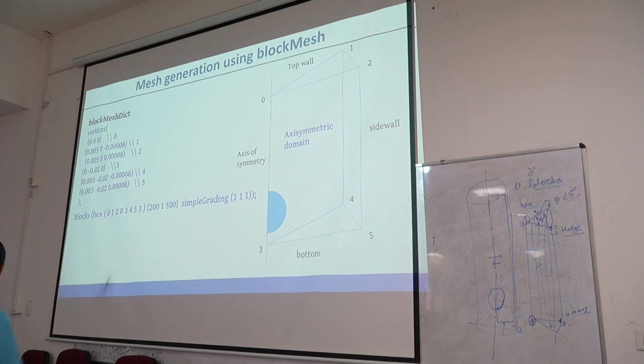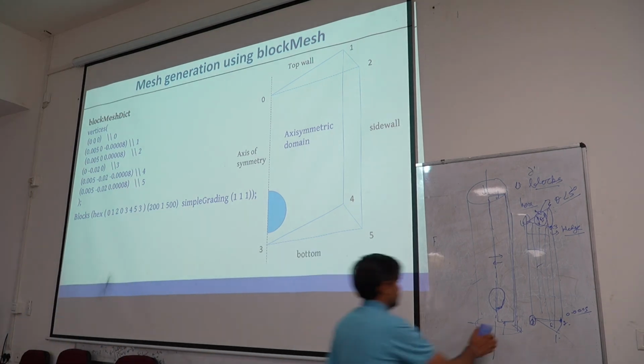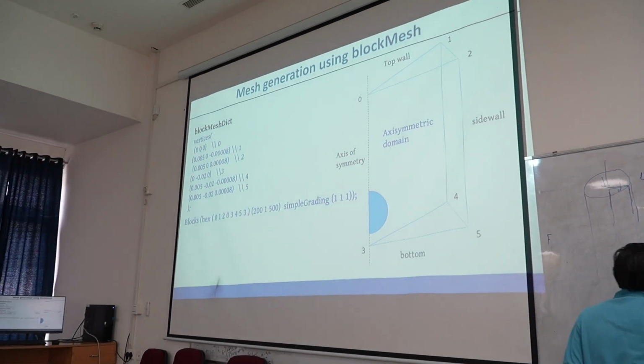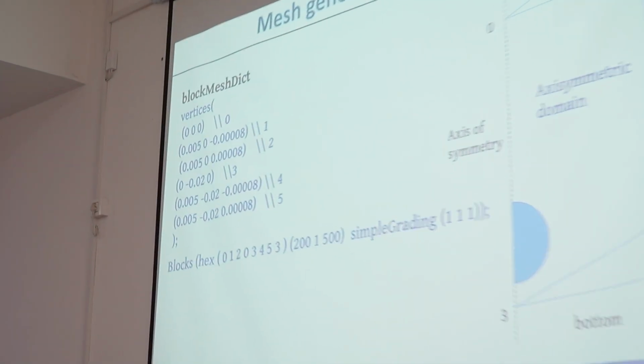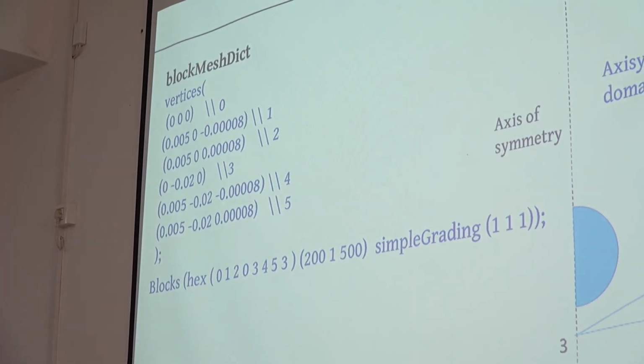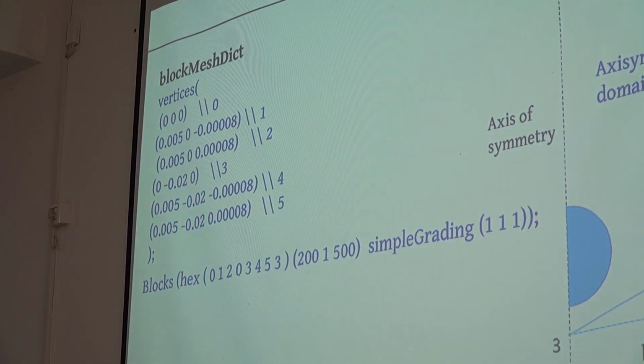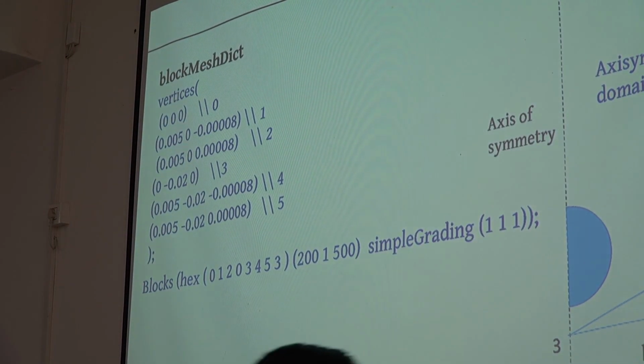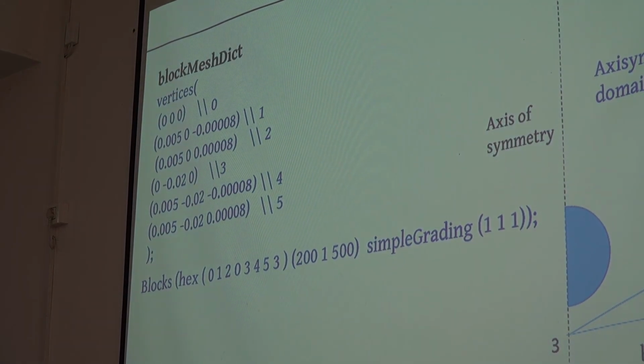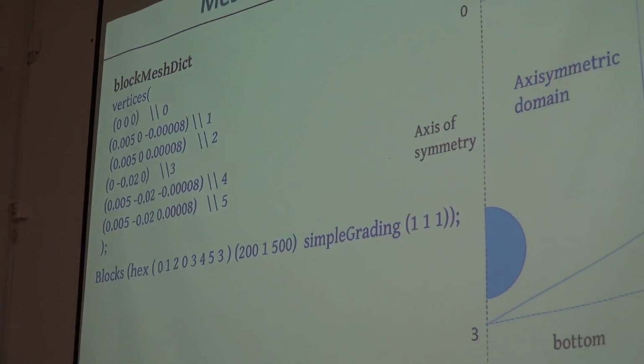Okay, let me draw the coordinates. What is the first vertex? Say this is my number 0, with coordinates 0, 0, 0.